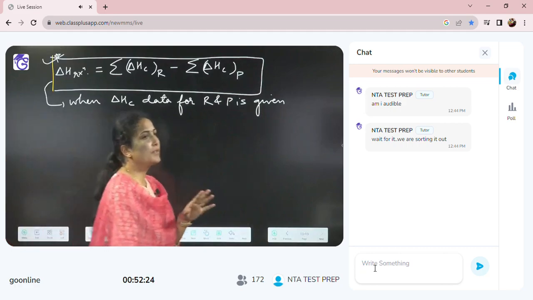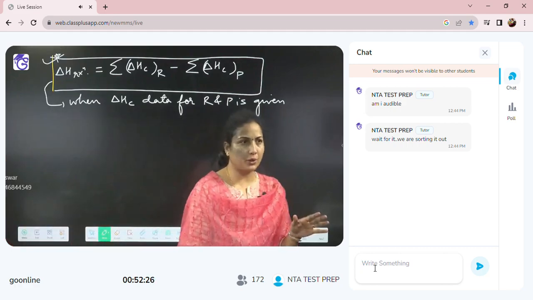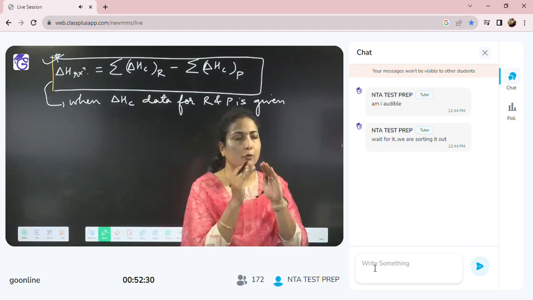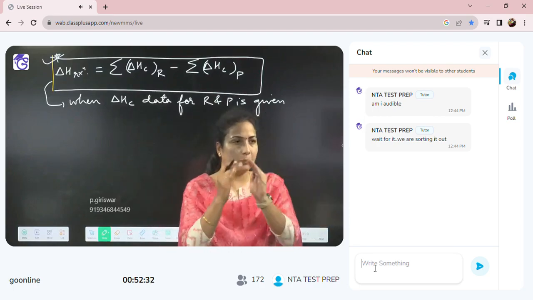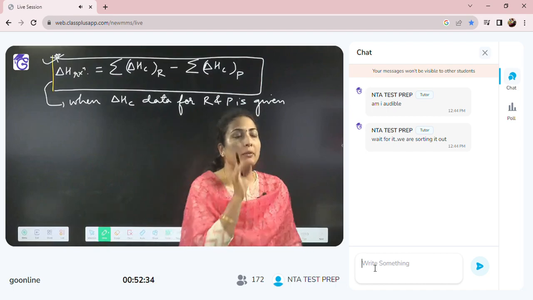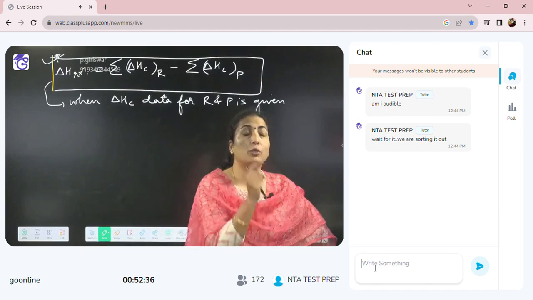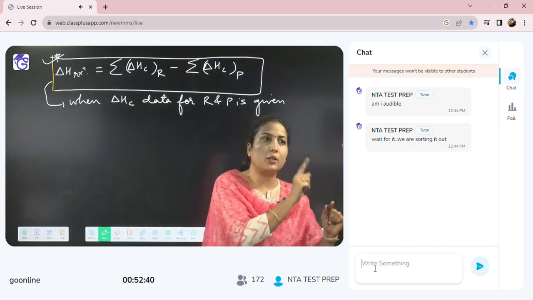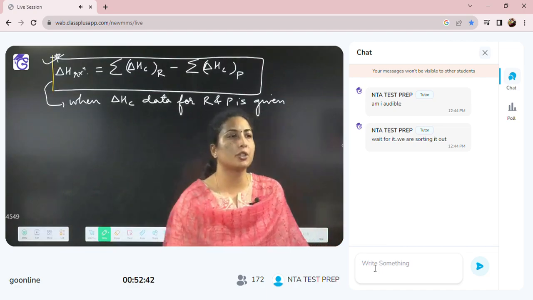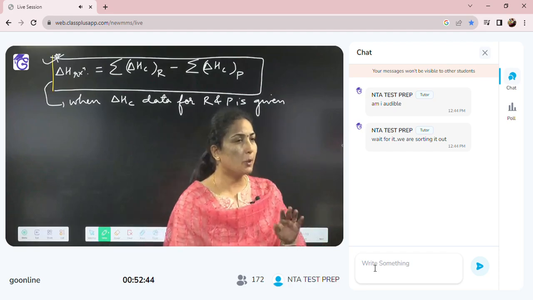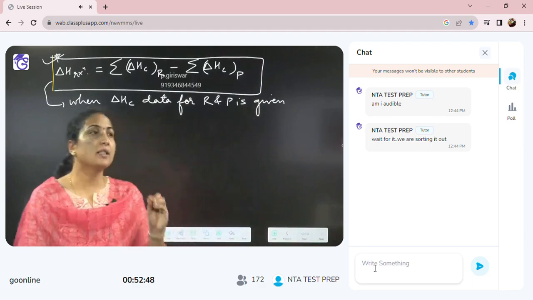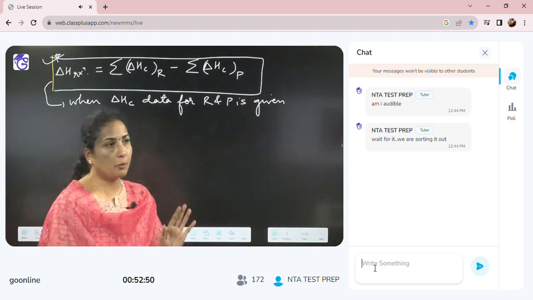Now always remember, when we go for formation, we are forming a product, right? So always you do enthalpy of formation of the product minus enthalpy of formation of the reactant. But when we go for combustion, we are doing the combustion of a reactant. So we write enthalpy of combustion data of the reactant minus enthalpy of combustion data of the product. Is this point clear? And one more thing: is combustion always an exothermic process?